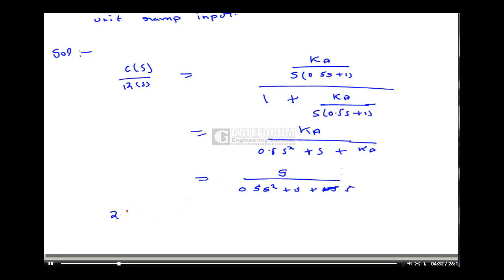So 2 zeta omega n is equal to 2, and omega n is equal to root 10, because if I take 0.5 outside, then this expression will become 10 upon S square plus 2S plus 10.